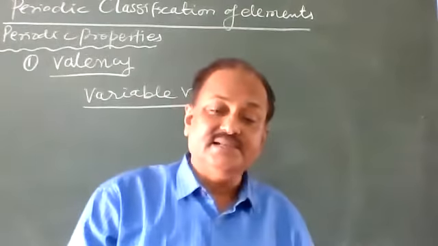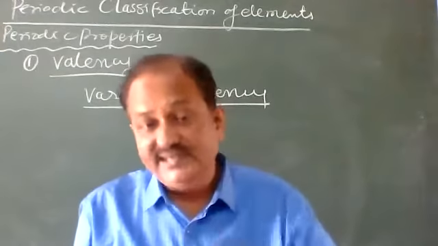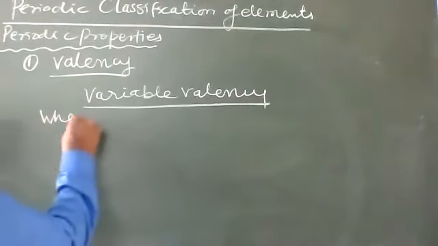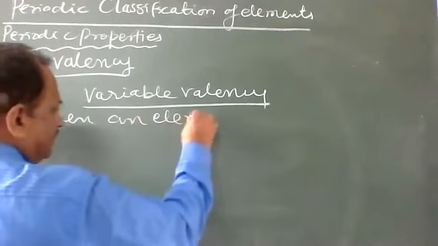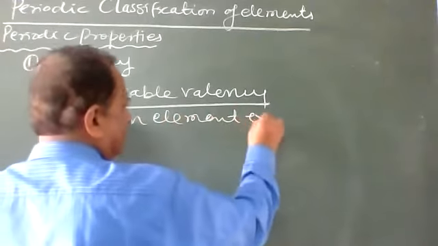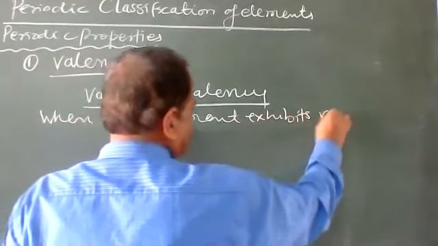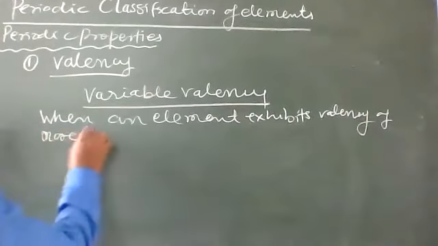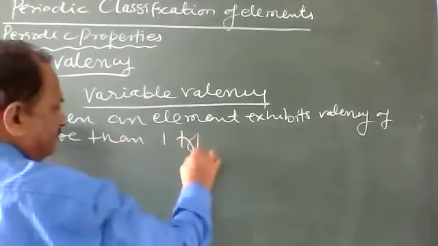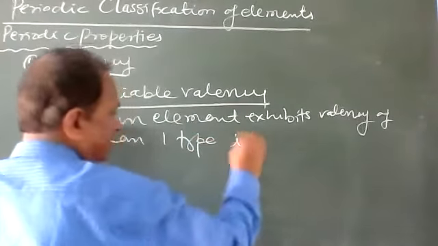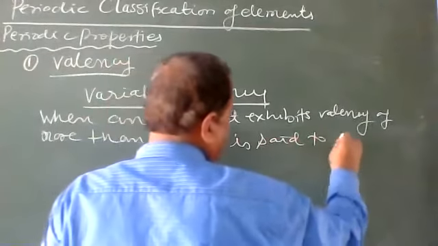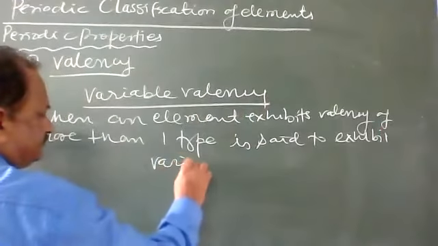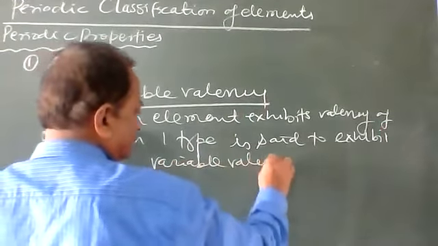When an element exhibits valency of more than one type, it is said to exhibit variable valency.